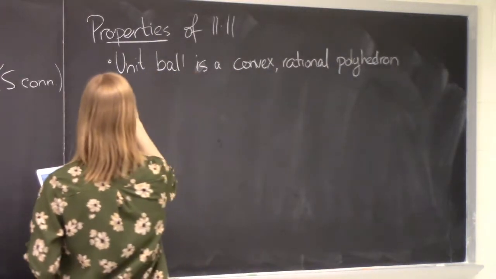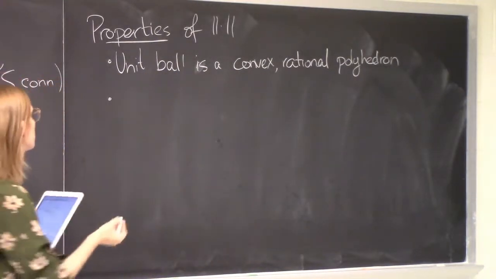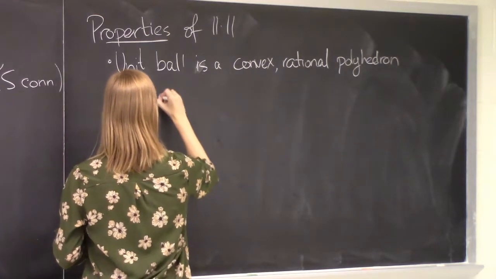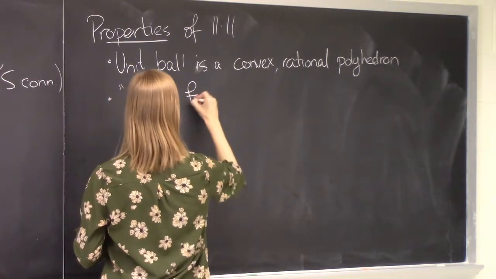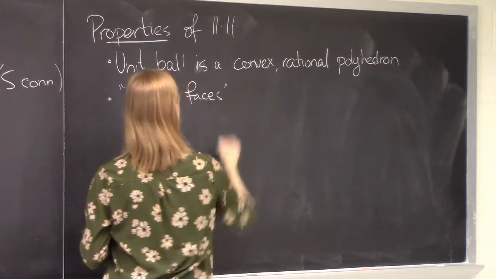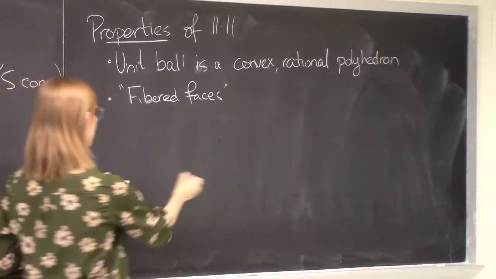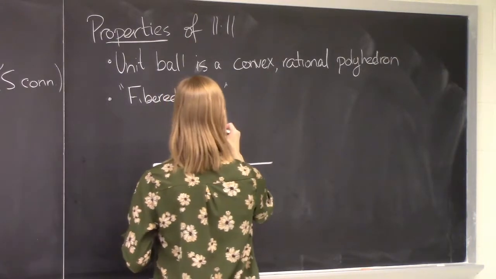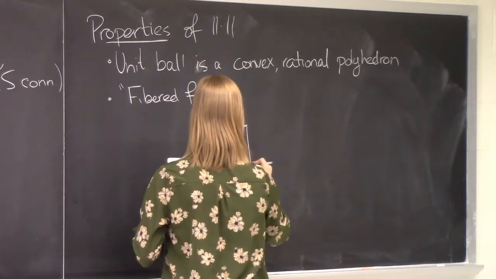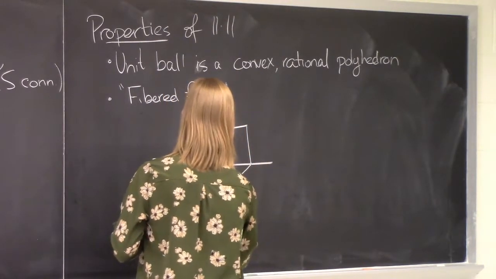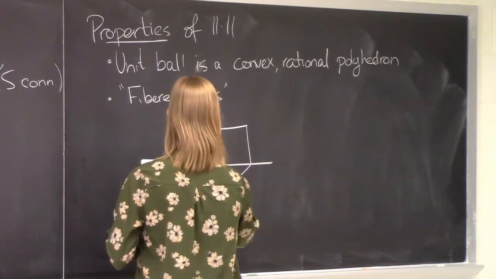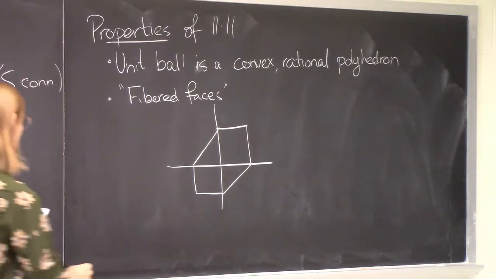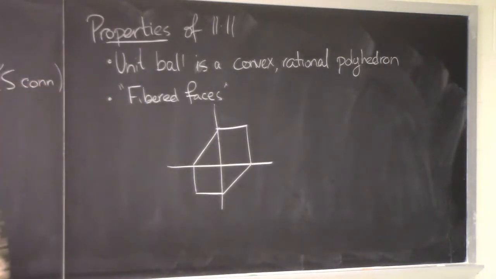And this unit ball has a feature called fibered faces, which is to say, if we look at our unit ball, I'll just sketch an example of what this might look like. So this is just some convex rational polyhedron.